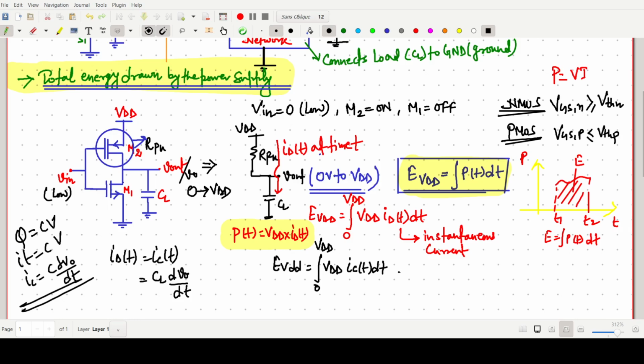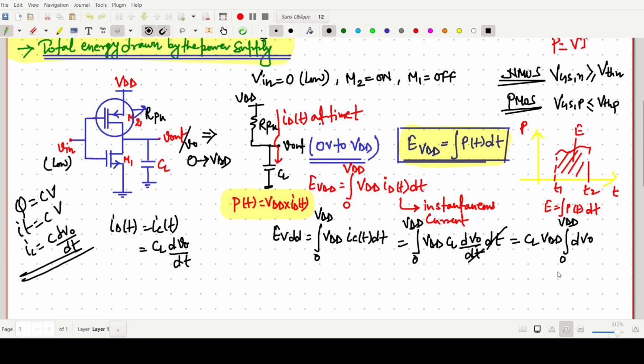So now we have to put the value: first, integral from 0 to VDD, then VDD into CL dV0/dt, so C dV0/dt into dt. So this dt cancels out. CL VDD, I am taking common, dV0 from 0 to VDD.